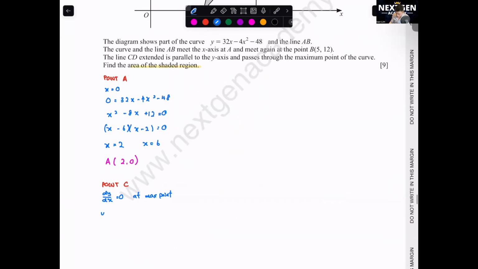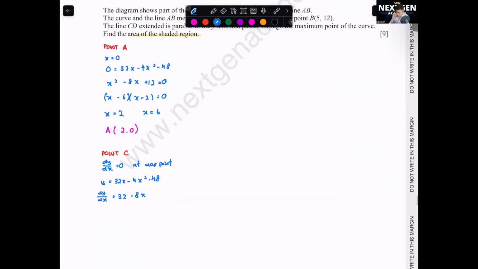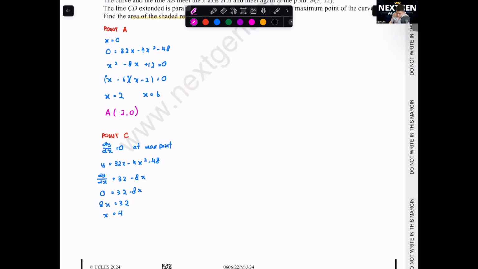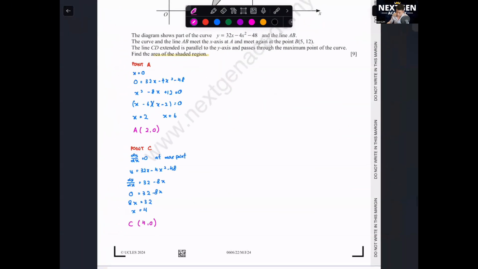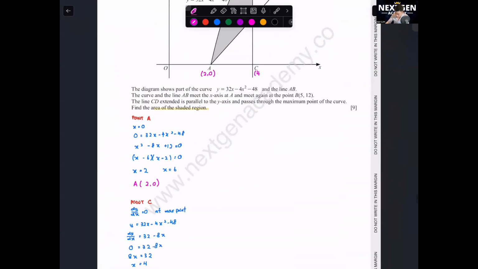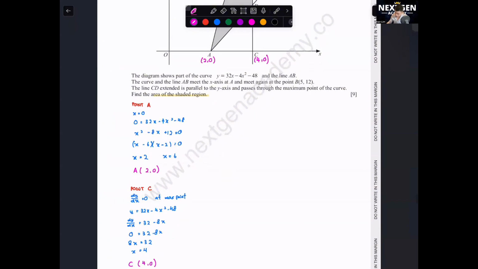The equation was y equals 32x minus 4x squared minus 48. Let's do dy over dx, which is 32 minus 8x. 0 equals 32 minus 8x. 8x equals 32. x equals 4. So the point C is 4, 0. Okay, let's label this out. 4, 0.